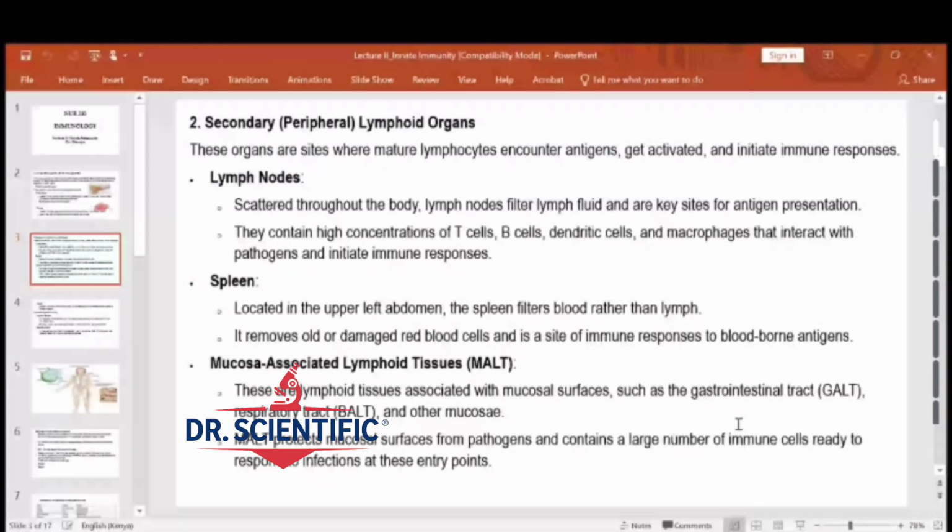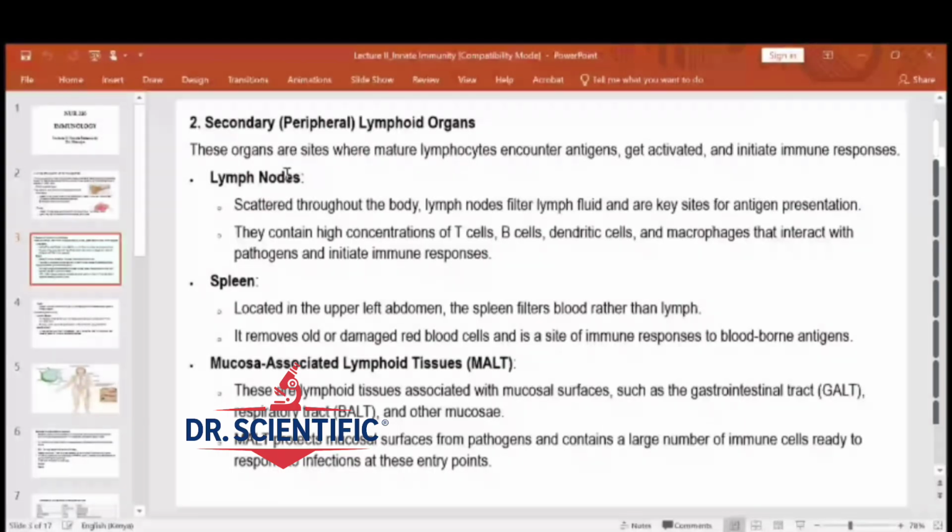They are all lined by a mucosa. This is where antigens are presented to cells and the immune response is activated. That is why we refer to them as secondary or other peripheral lymphoid organs.